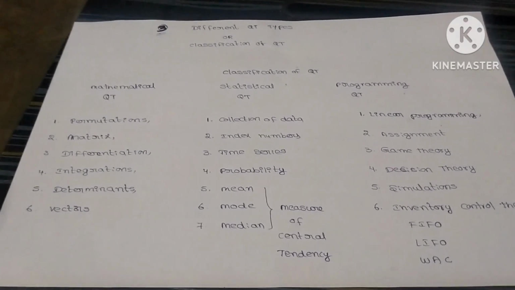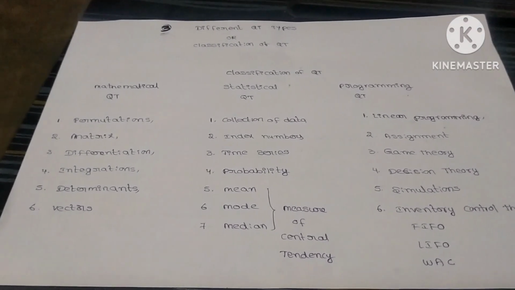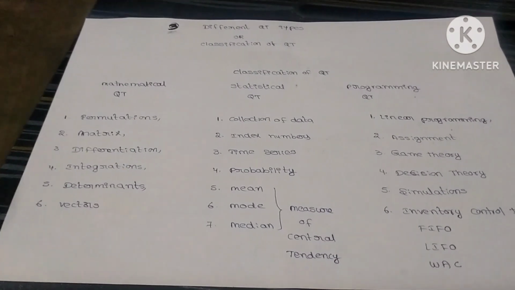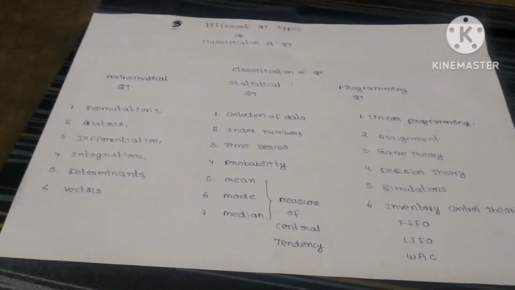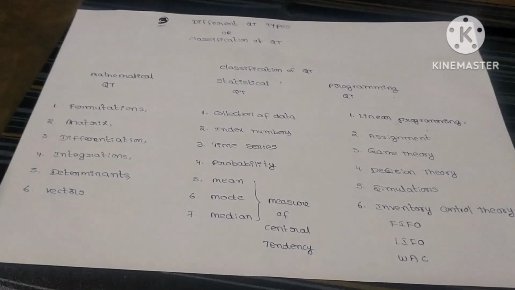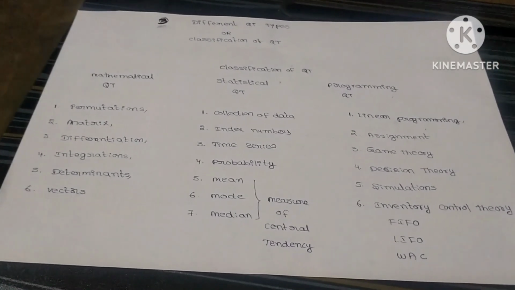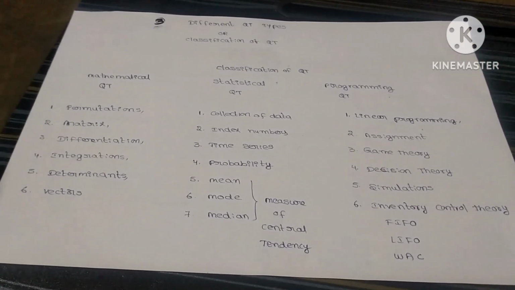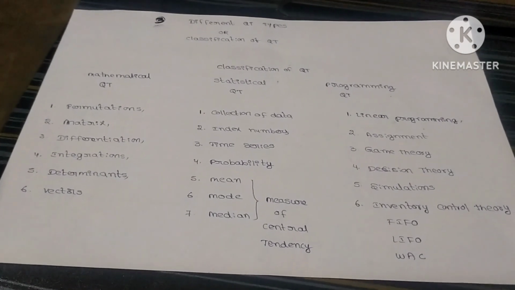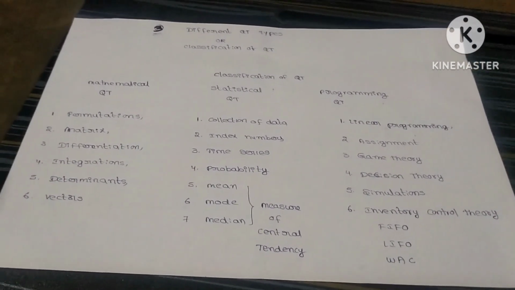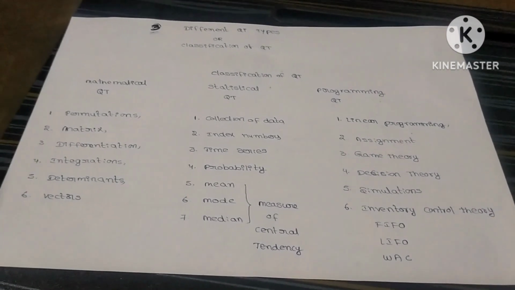Today in this session I am going to explain to you the different types of QT, or the classification of QT. If the question is "explain the different types of QT" or "explain the classification of QT", the answer is the same. Now let us move into the concept directly.